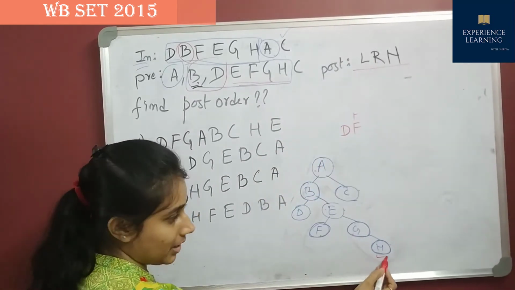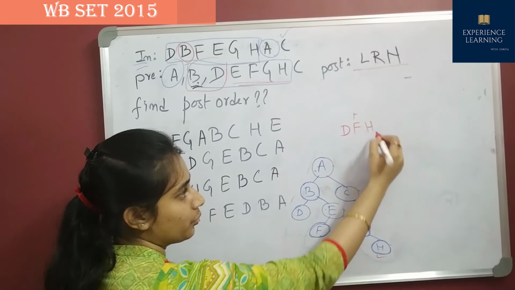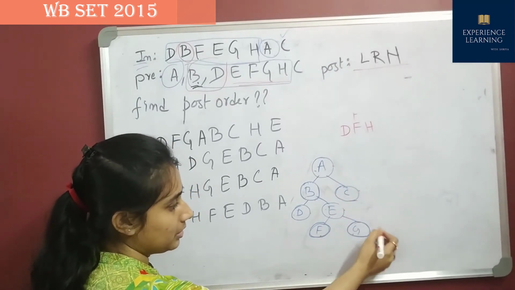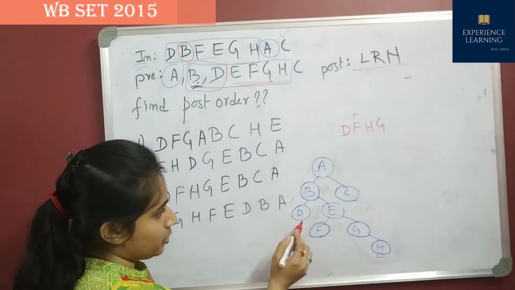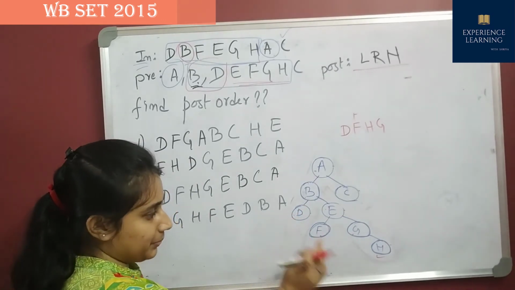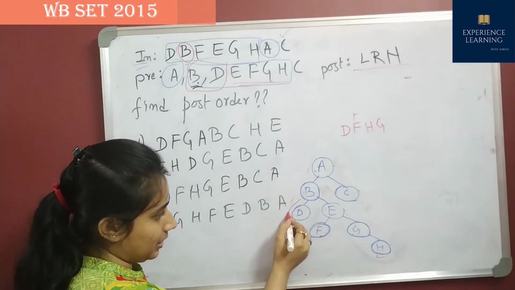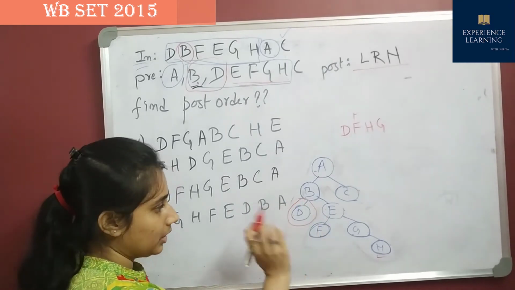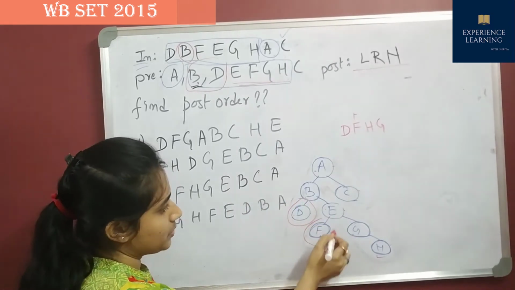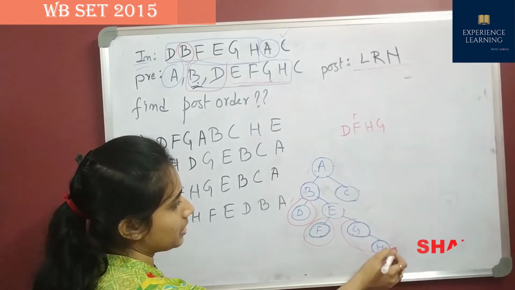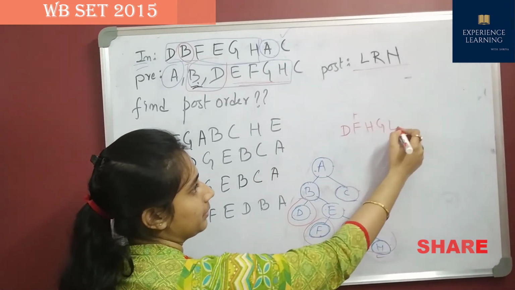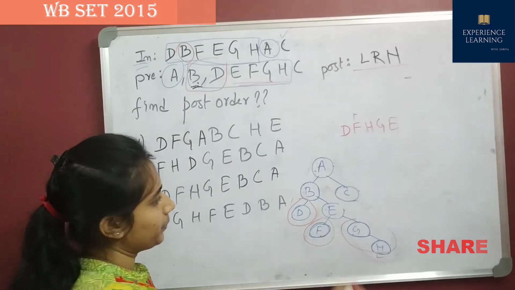So first right, that means H will be printed first, then G. Okay. So D, that means the left subtree is done, and here the left subtree of E is done, the right subtree is done. Now E. Fine.